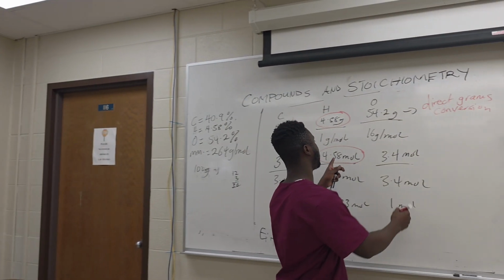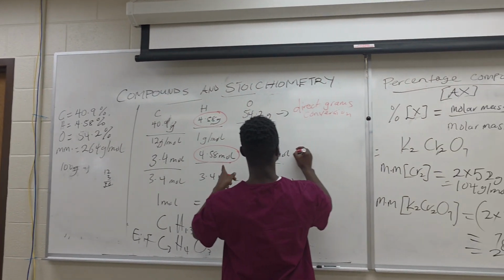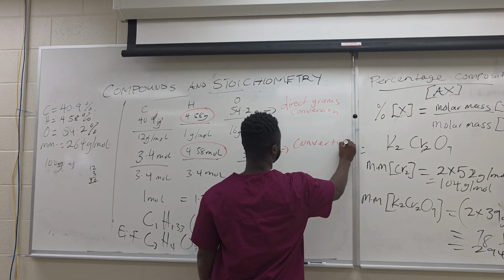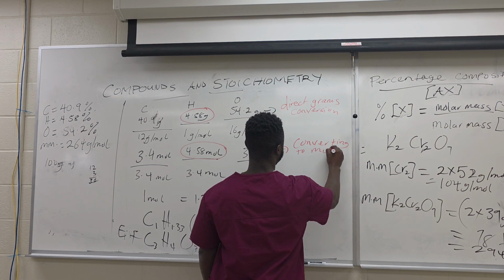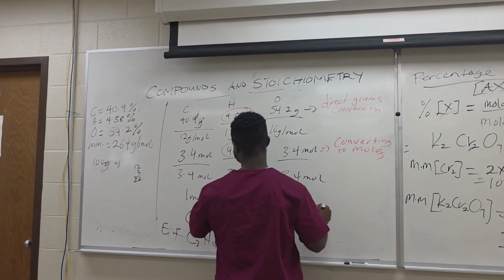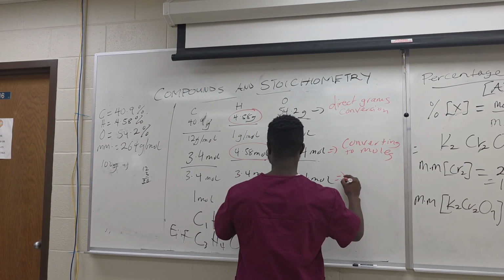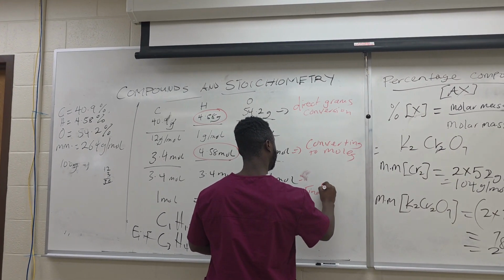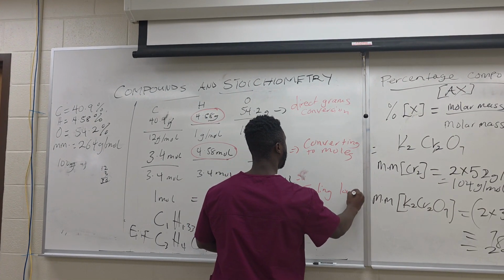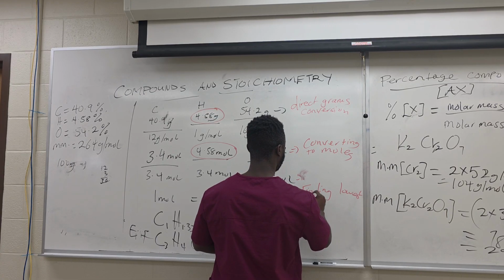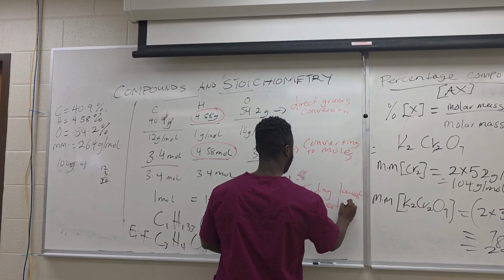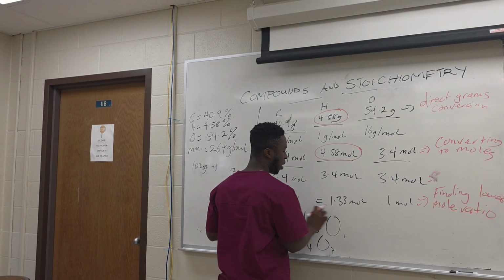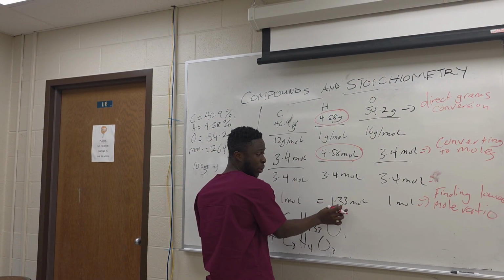So over here was converting to moles, and then over here is finding the lowest mole number ratio. So once we did find the lowest mole ratio, we come down here and we had a fraction in it.